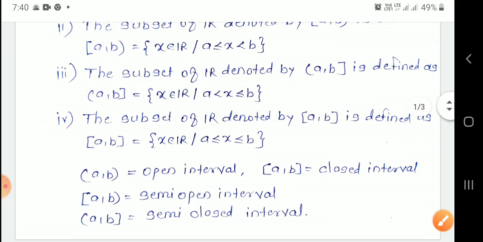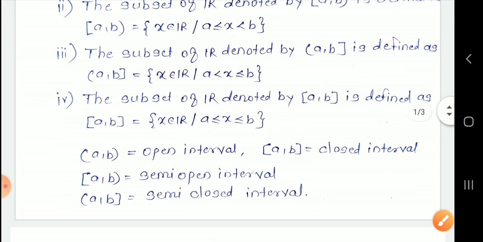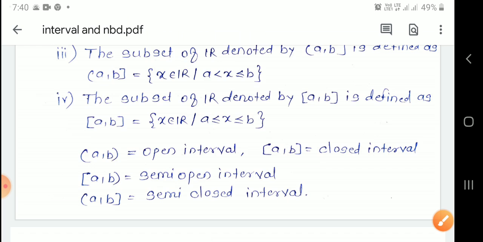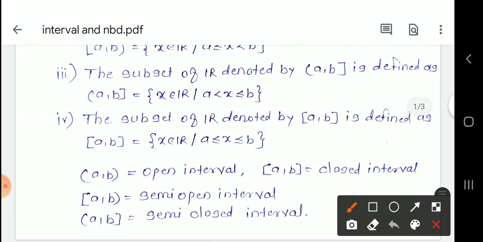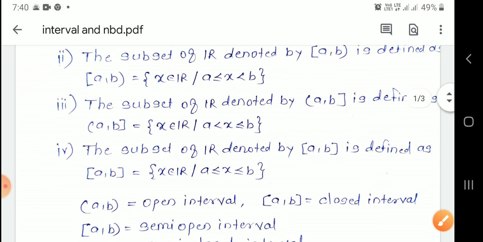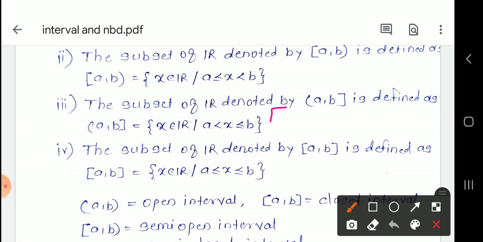Now the third point: the subset of R denoted by (A, B], open at A and closed at B. It is defined as the set which contains the elements X belonging to R such that A is less than X less than or equal to B. Okay, so this set contains, with the same example, open at 2 and closed at 5.